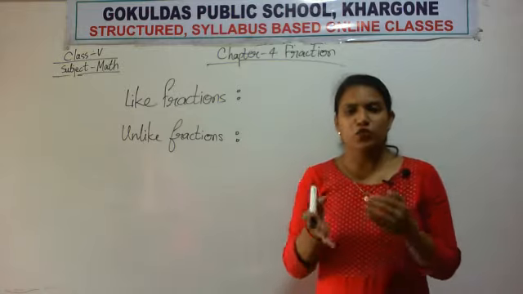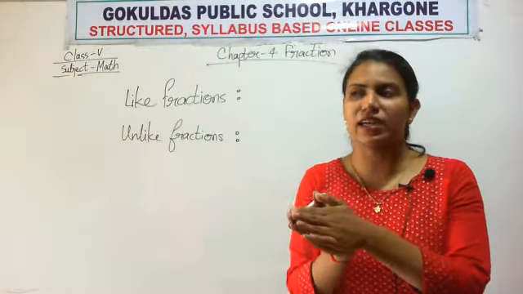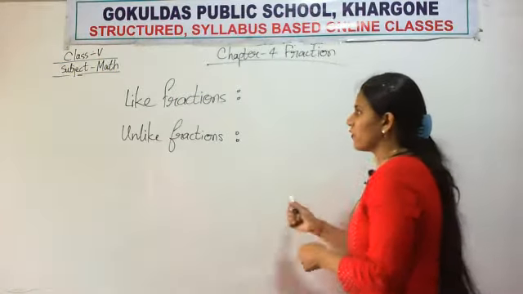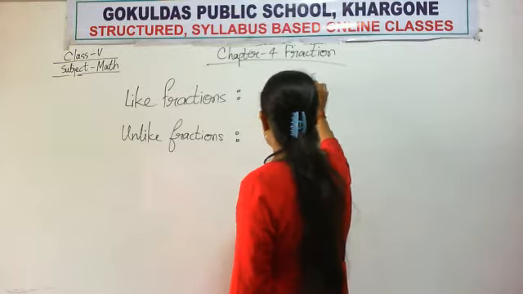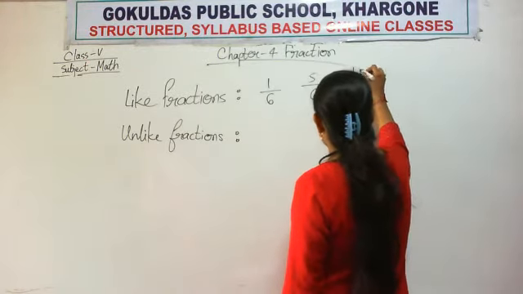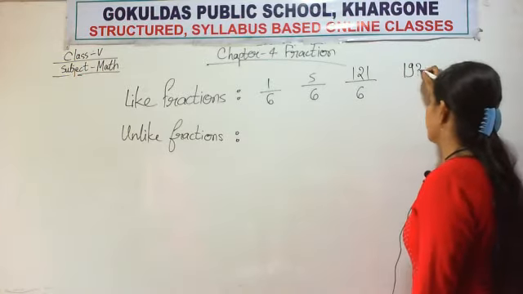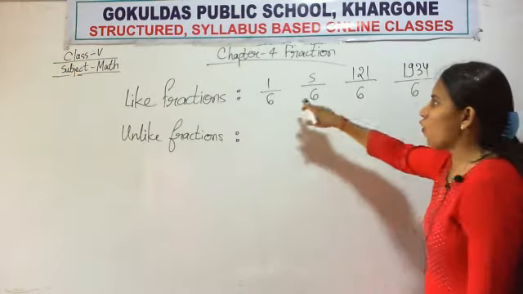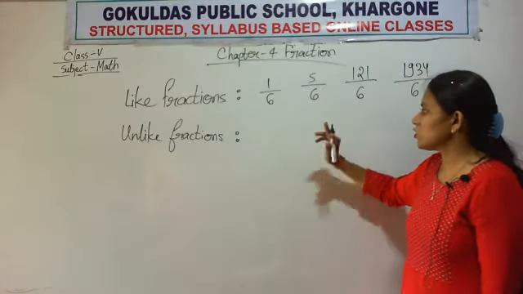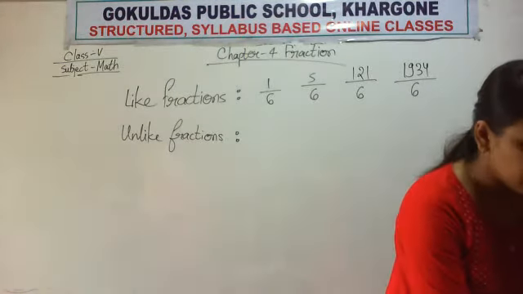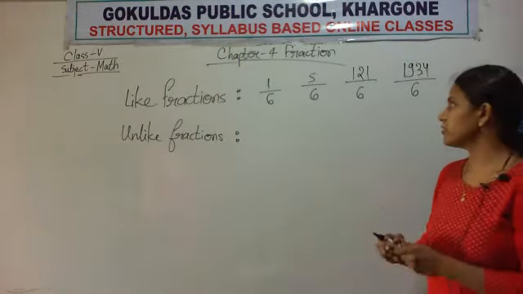The fractions which have the same denominator are called like fractions. Like 1 upon 6, 5 upon 6, 121 upon 6, 1934 upon 6. All these are fractions, right?